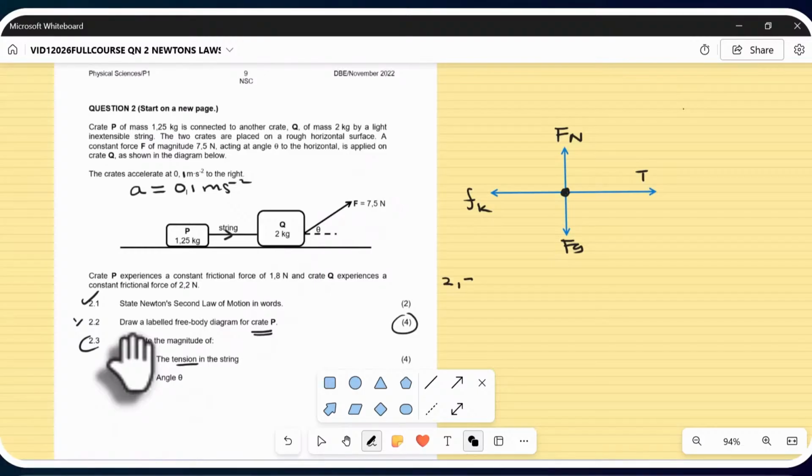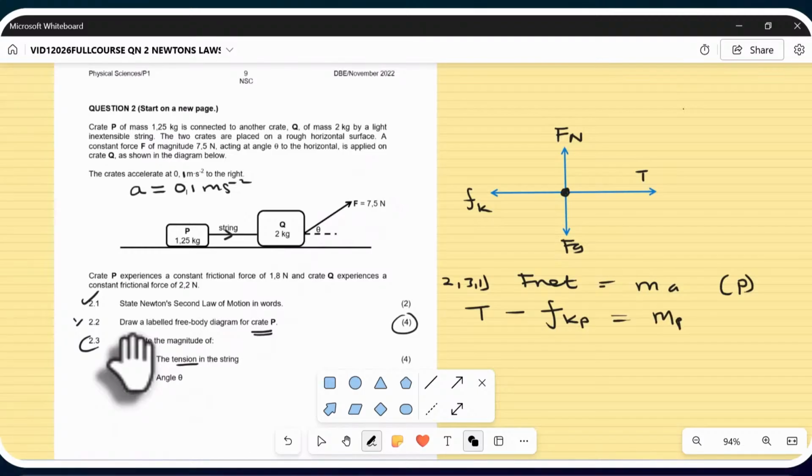If I use F net equals MA and I look at my block P, the tension minus frictional force for block P equals the mass of P times acceleration. Looking for this tension here.